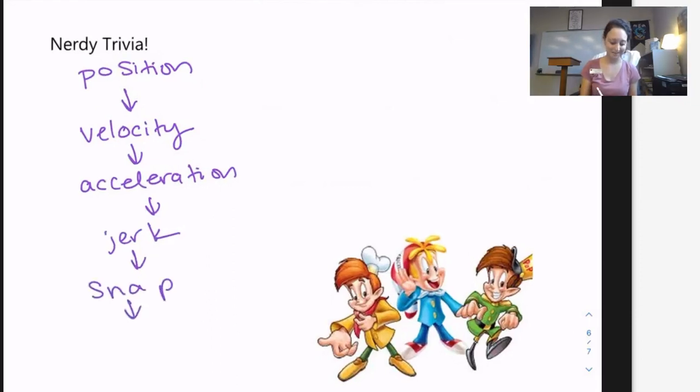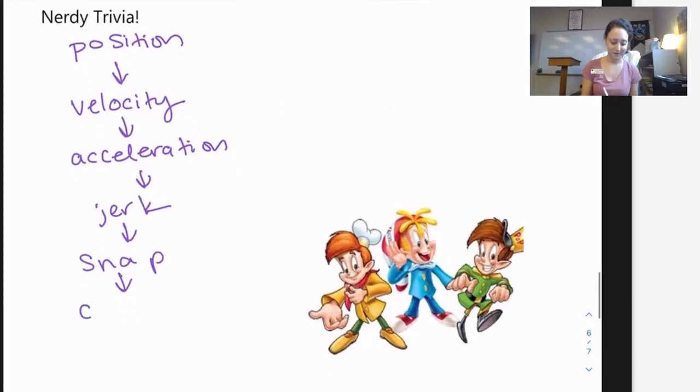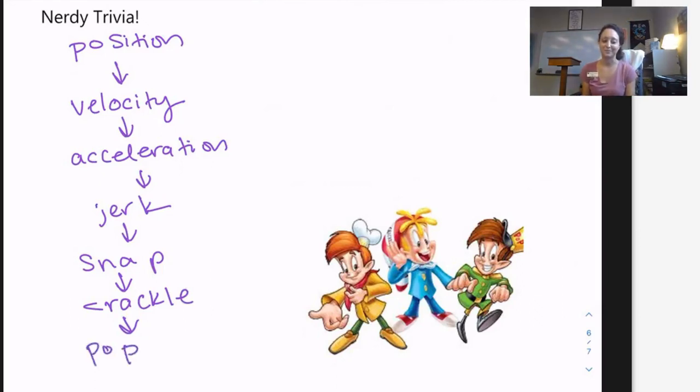Derivative of snap is crackle. Couldn't make it up if I tried, I'm dead serious. And derivative of crackle is pop. Okay, so you will never see that on the AP exam. Those are the first, second, third, fourth, fifth, and sixth derivatives of position.